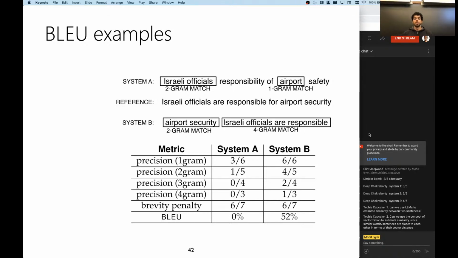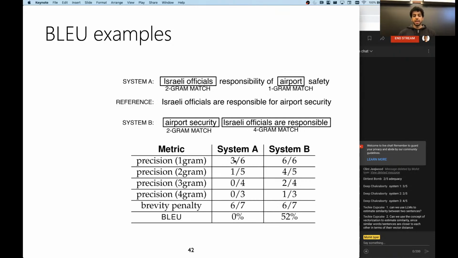So let's take a look at the word level precision first. So this is the unigram precision. We can see Israeli officials' responsibility is not a match, right? Because the reference contains the word responsible, not responsibility. Of is not a match. Airport is a match, and safety is not a match.